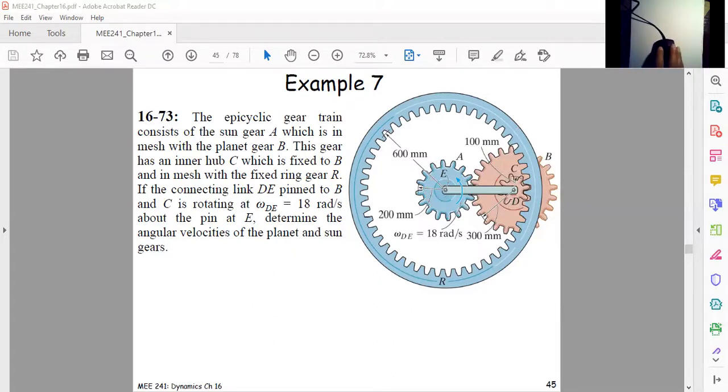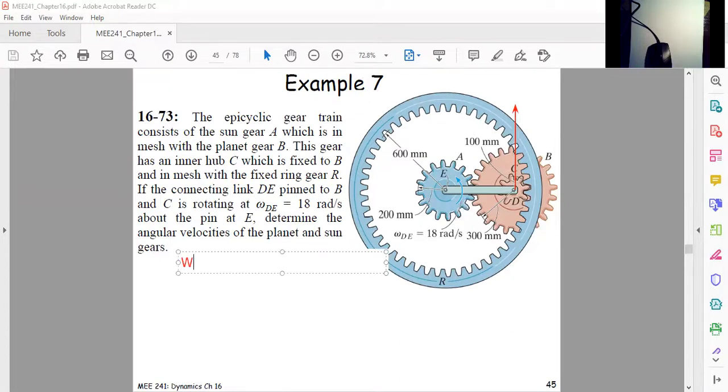First of all, we can get the velocity of point D. Do you know how to get the velocity of this point? We choose another point, that is E, and we do the formula. Exactly. So let me write it.